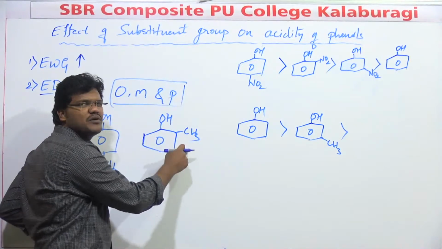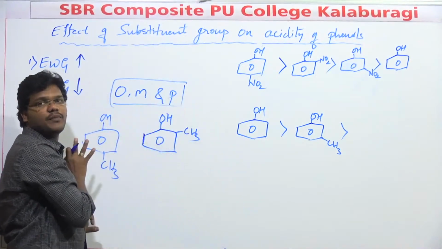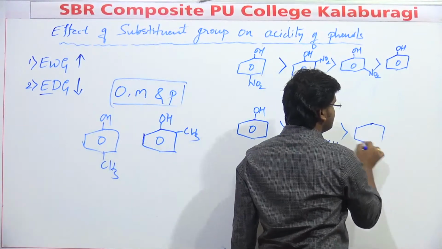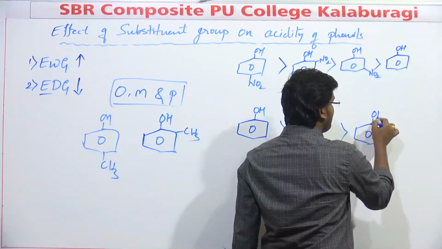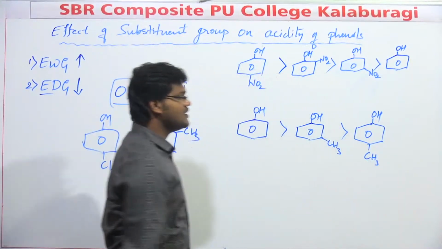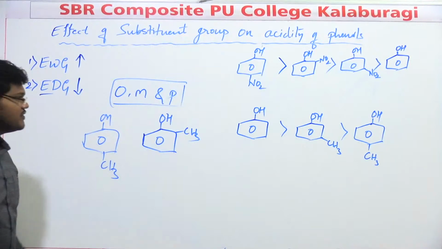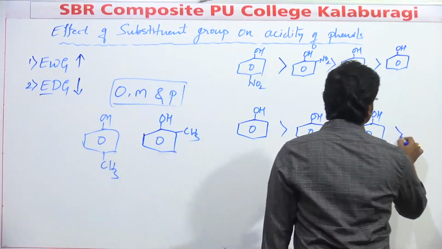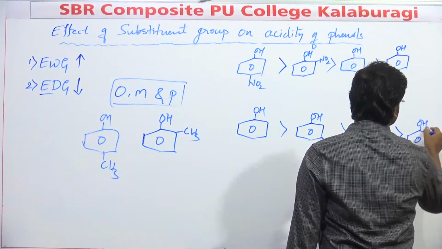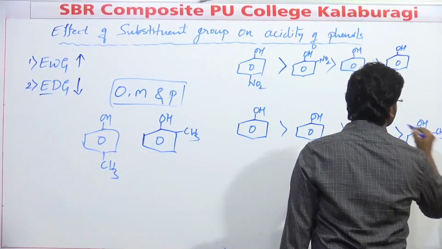So ortho will become least acidic compared to para. The next that comes is paracresol. Paracresol is more acidic, even compared to ortho. So orthocresols are least acidic.